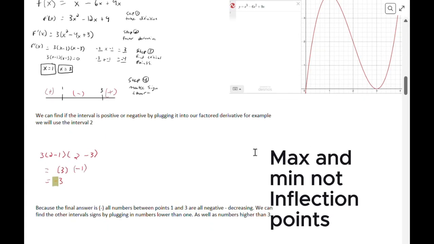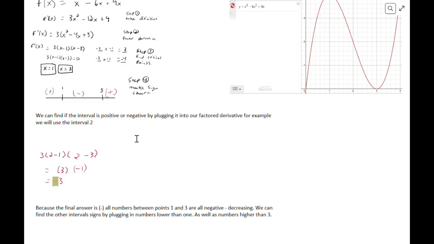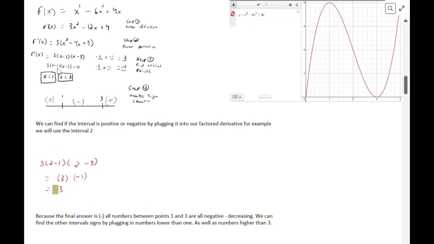We can now find the intervals. How we found these intervals was from plugging numbers into our factored derivative. For example, if we plug in 2, which is higher than the number 1 and lower than the number 3, we're solving for the sign of the numbers in between. So we plug in 2 for x into our factored equation, and we get a negative number.